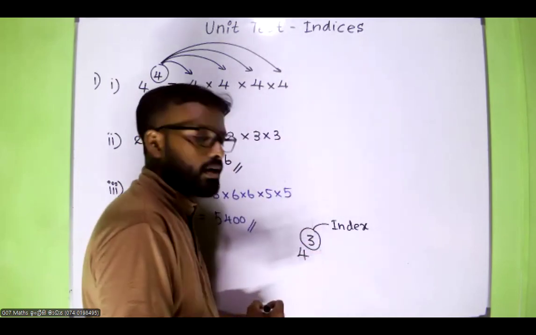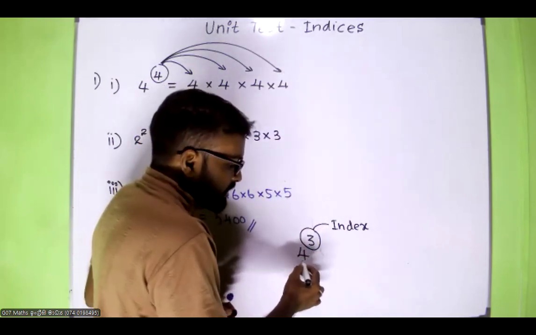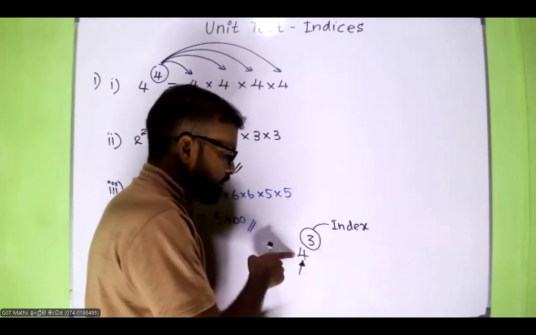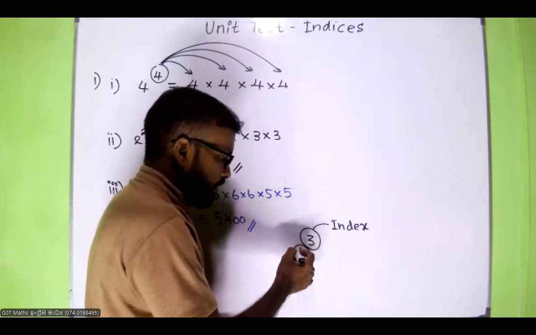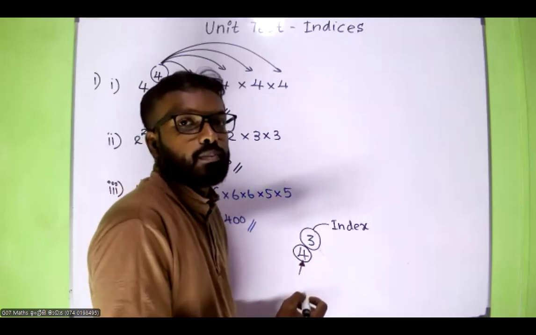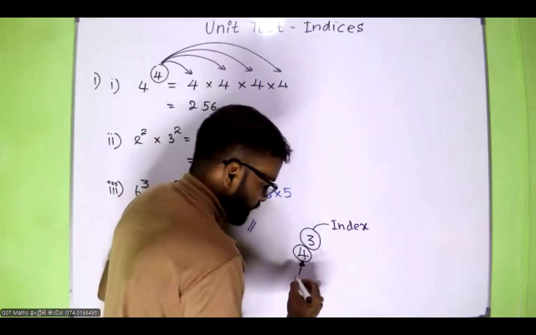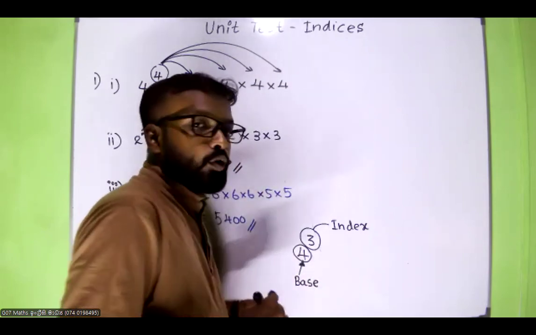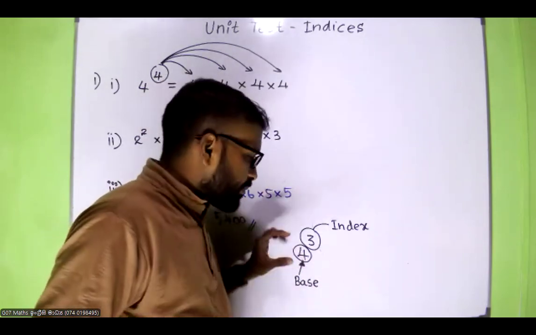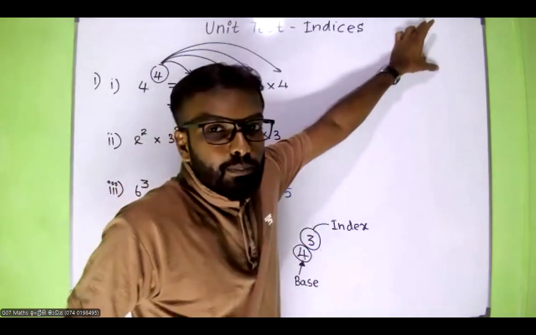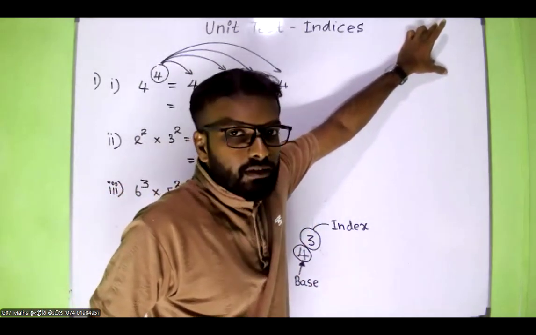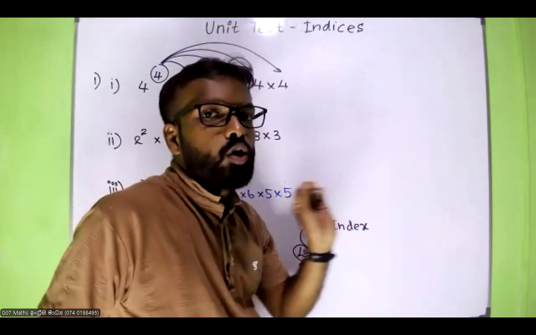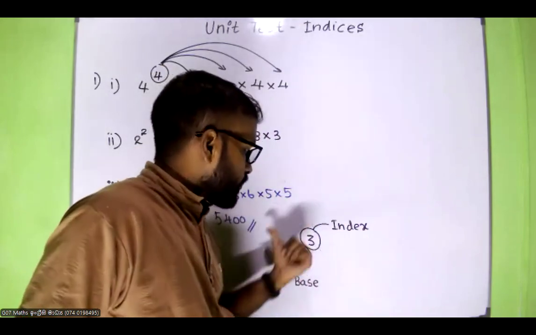What is this? Can anyone say what we call this one? Base. Yes, super. Base. And if you cannot remember this one, take a small note in a corner, about what this is.